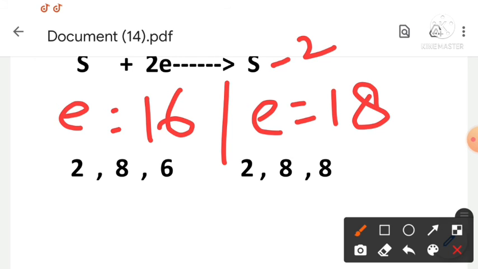In this way we easily derive non-metal by using this trick.